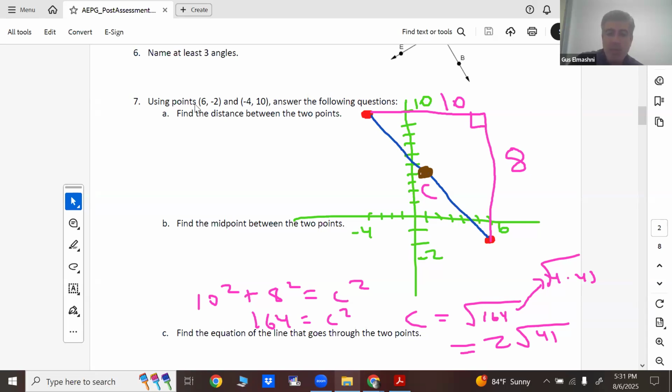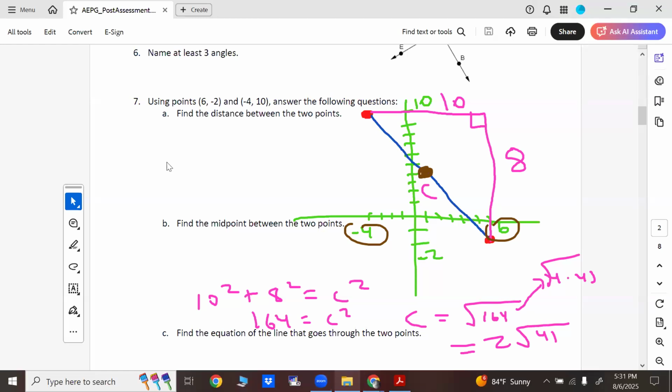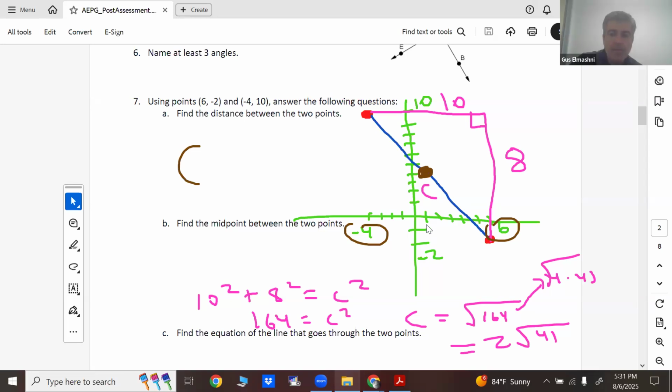And let's finish this off really fast. What's halfway between 6 and -4? So halfway between 6 and -4. Are you still there? Hello? Yeah, I'm just doing it. One? You could.